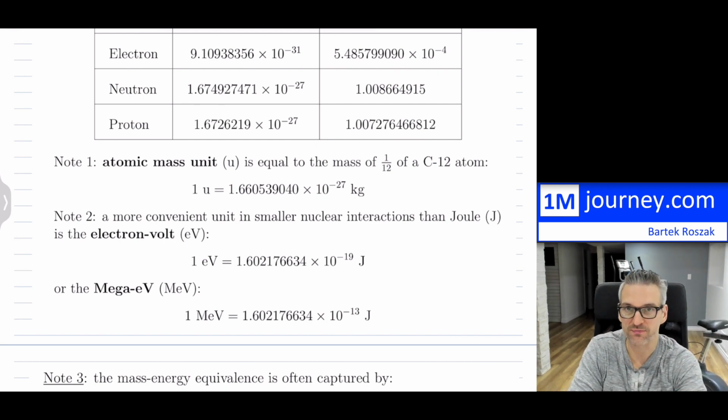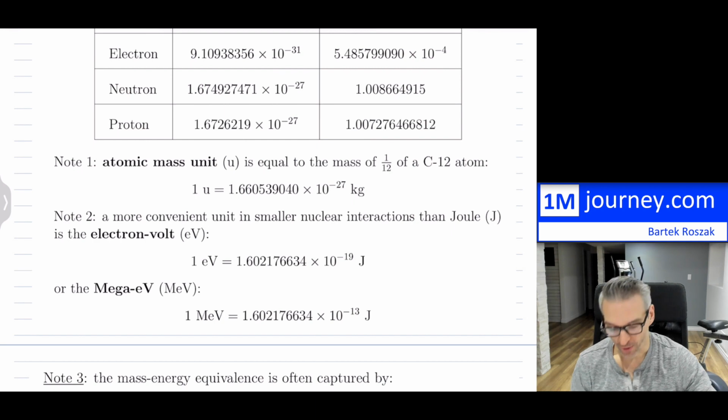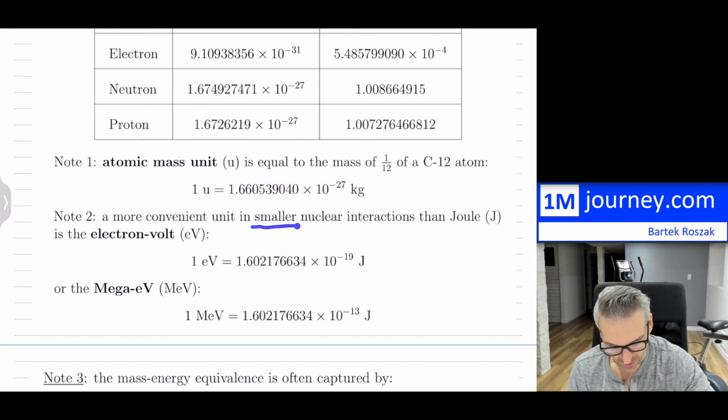Of course, if you have 1 gram, you're talking quite a lot of energy. But for convenience, when you are talking about a very small nuclear interaction scale, joule is not very convenient.